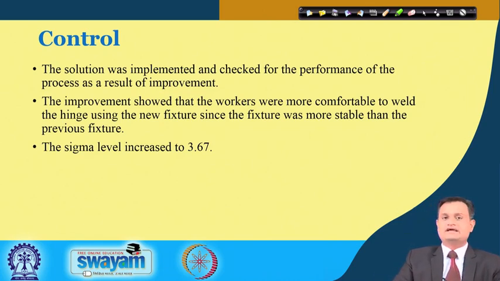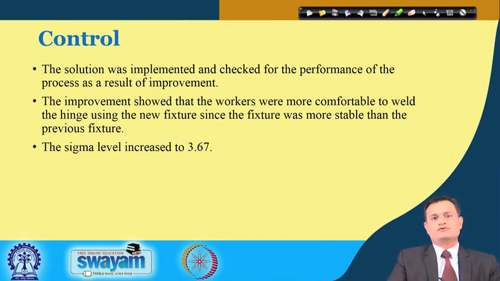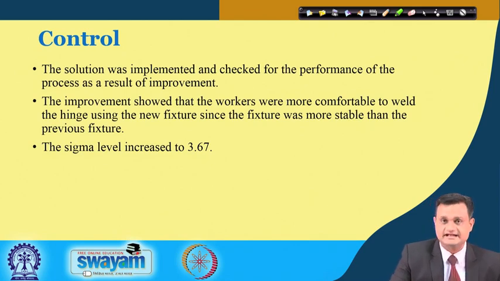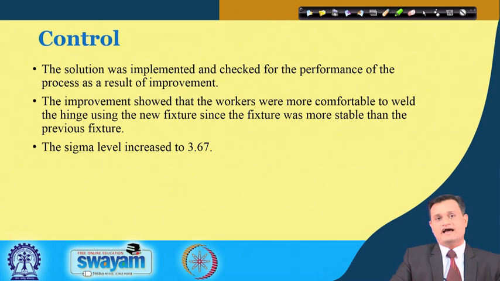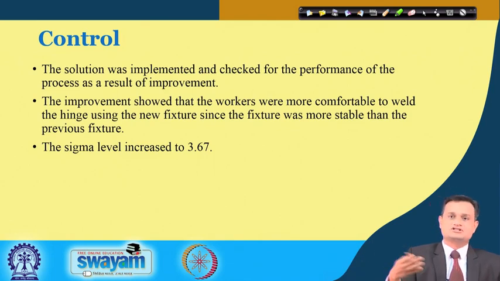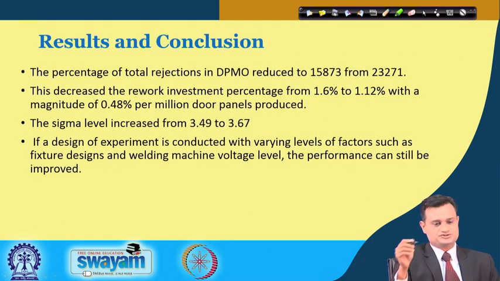So the sigma level increased to 3.67. Still we are far away from 6 sigma, but there is some improvement in the sigma level, and it's an indication that my DMAIC cycle has operated well with some simple tools selected from the overall toolkit of my DMAIC, and it has brought some improvement for the case industry.